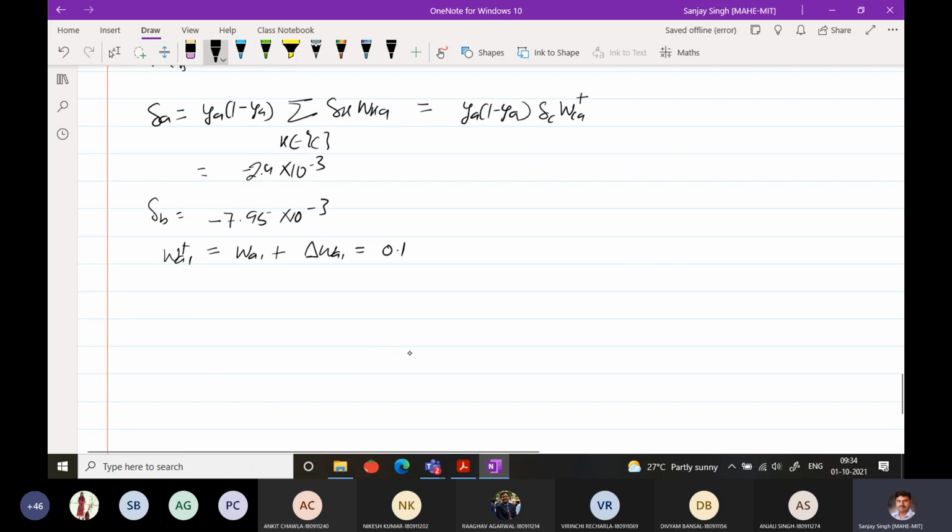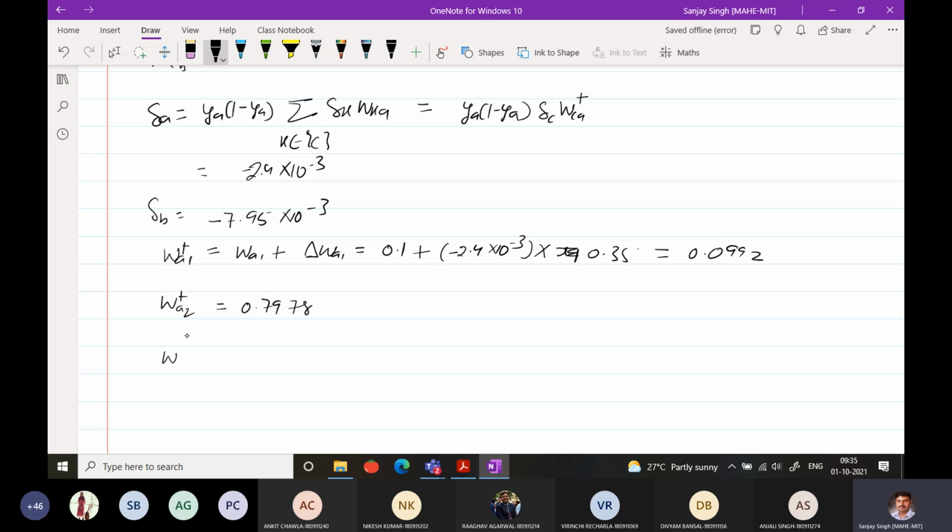0.1. You can say WA1 we have taken 0.1. So 0.1 plus eta, delta A. Delta A is this value, minus 2.4 into 10 to the power minus 3, into x1. Instead of x1, I can write the value directly, 0.35. So this overall value comes down to be 0.0992. In a similar way, I can have WA2 plus, and this value comes out to be 0.7978.